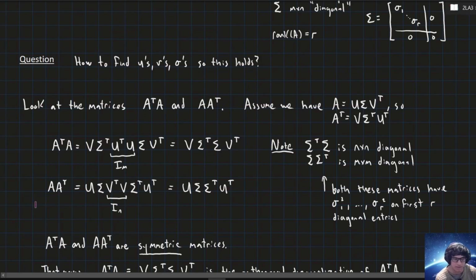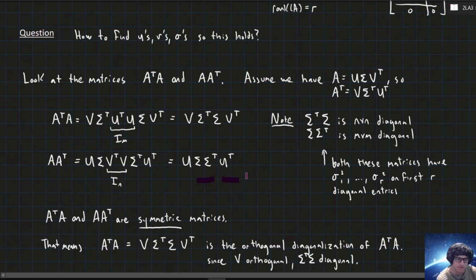Remember that these two matrices are symmetric matrices. And look at what we've done when we've written it like this. We've written it as orthogonal times diagonal times orthogonal transpose. That means that these expressions are the orthogonal diagonalizations of A transpose A and A A transpose, respectively.